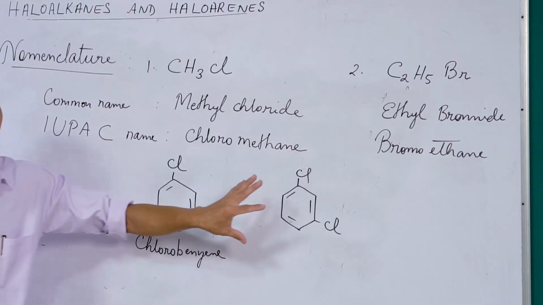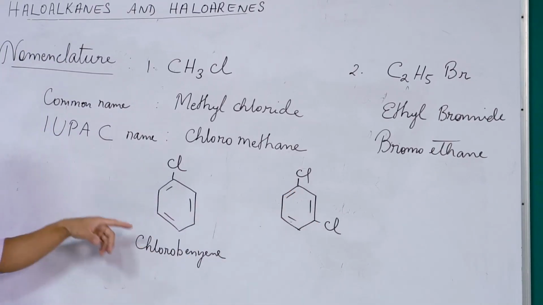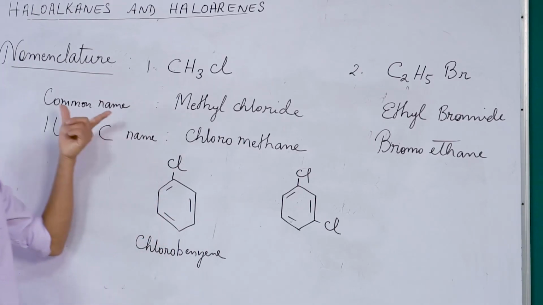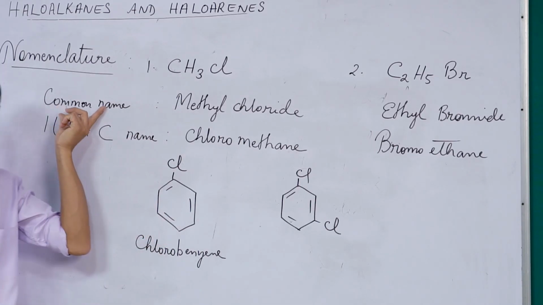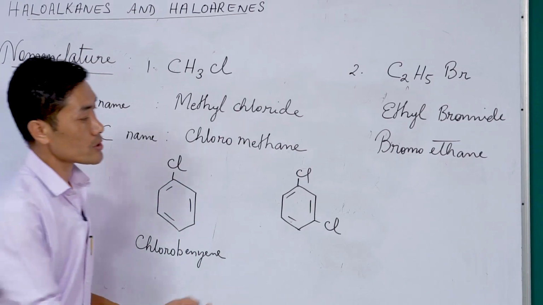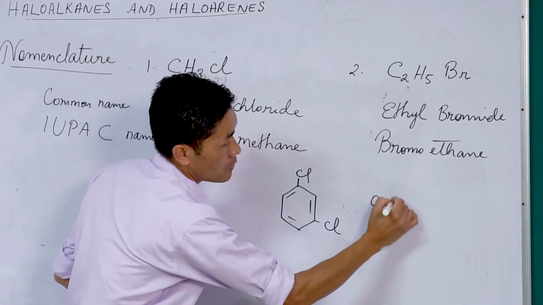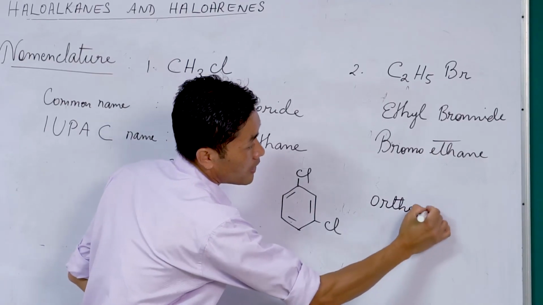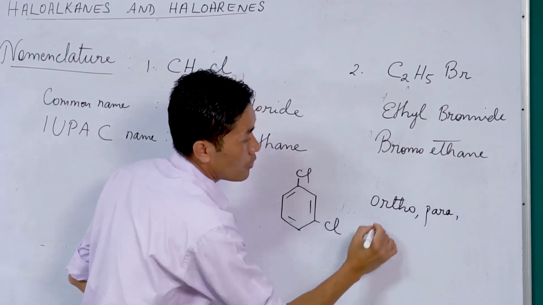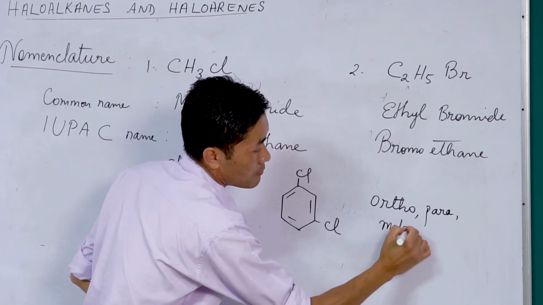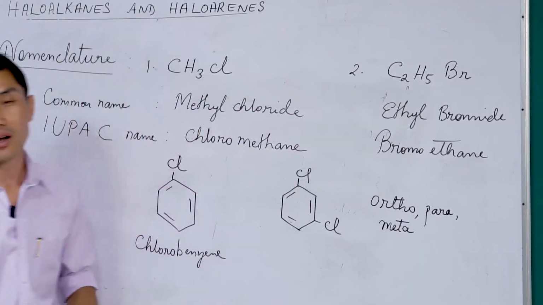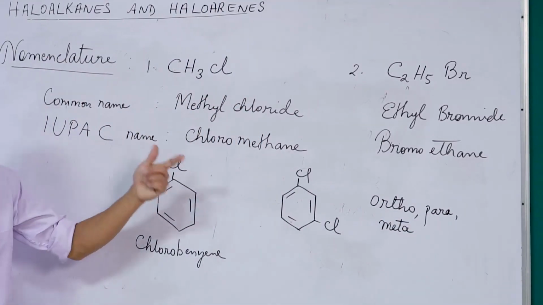In this type of compounds, under the common system of nomenclature, we use the prefixes ortho, para, or meta to indicate the position of the second halogen atom.